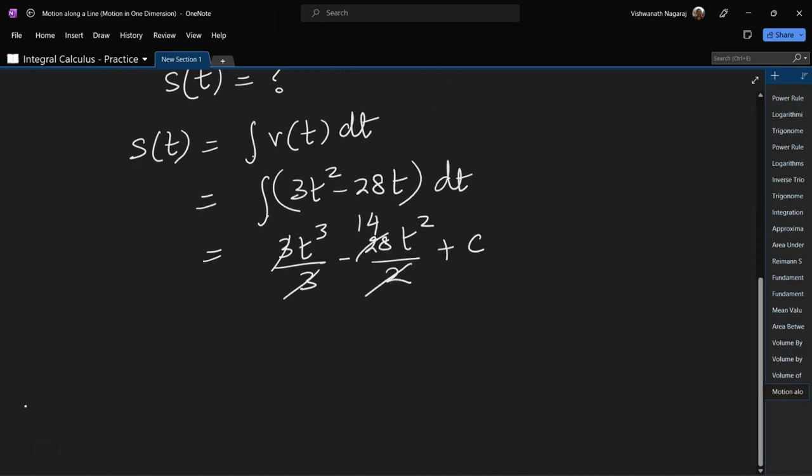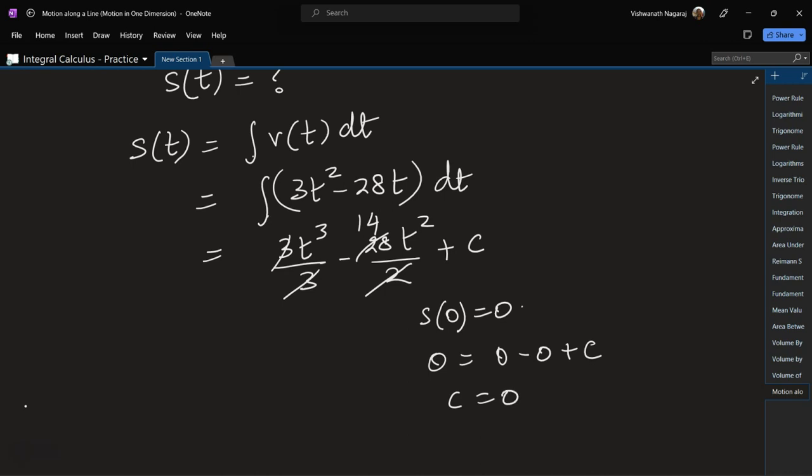Now we have got this. We also know that s of 0 is equal to 0, which means 0 is equal to, substituting 0 for t, 0 minus 0 plus c, which means c is equal to 0. Therefore, s of t is equal to t cube minus 14t square.